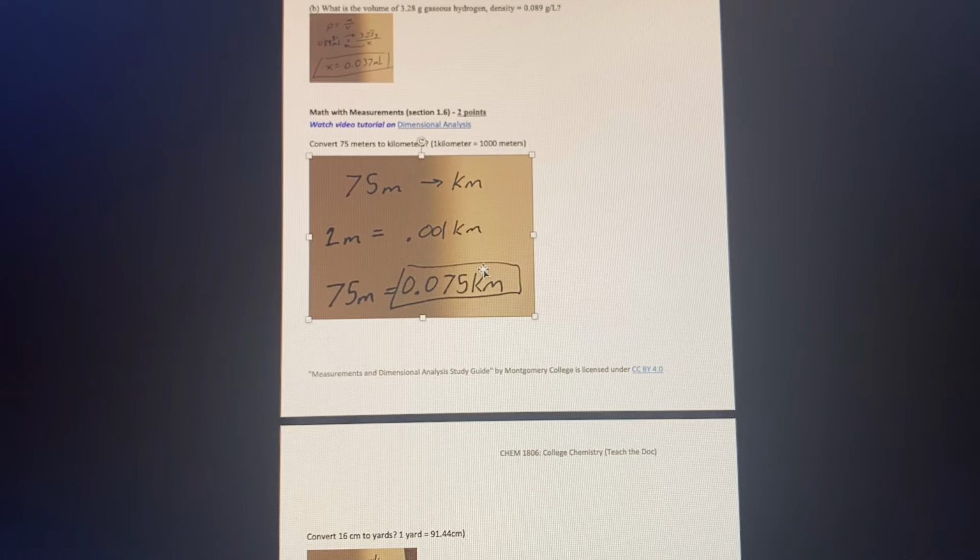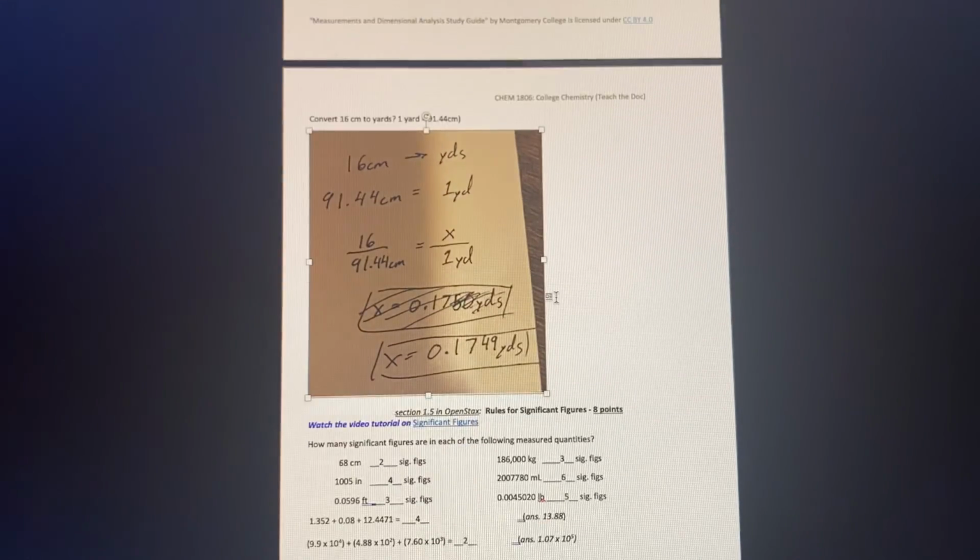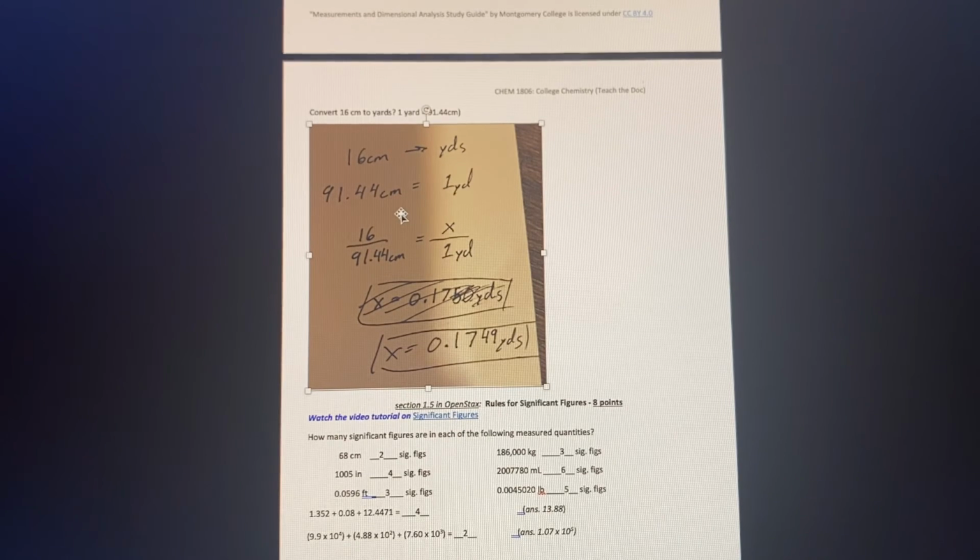Then here, when converting from meters to kilometers, we find that we are given the conversion of 1 kilometer is equal to 1,000 meters, and so therefore 1 meter is equal to 0.001 kilometers, and 75 meters is equal to 0.075 kilometers. There we go. And then for this here, we have a similar concept.